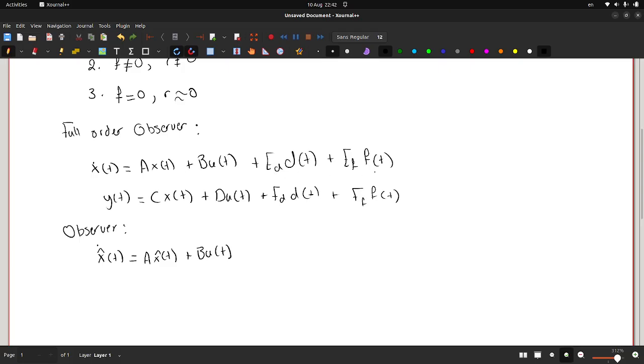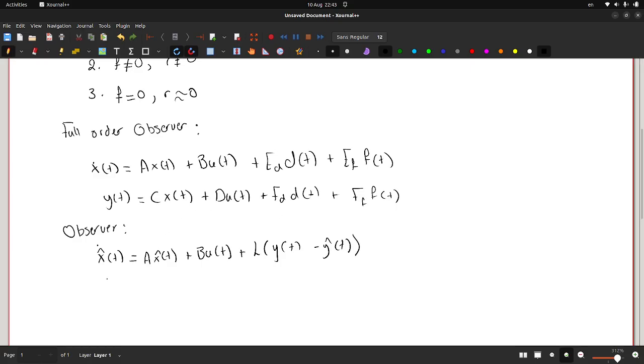The disturbance and the faults we don't know, so we can't estimate them. But what we can do is introduce a new parameter, which is L times y of t minus y hat of t.